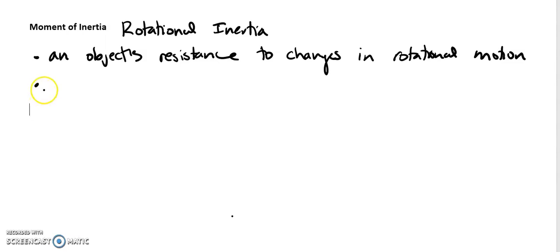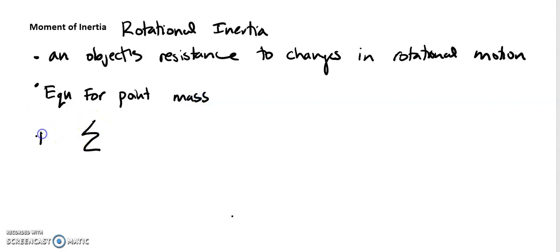So the equation we're going to look at now is the equation for point masses. A point mass is some little object in space. The symbol we use for moment of inertia is I, and the equation is going to be the sum of all the little masses that are some distance from a pivot point. So we'll say i from 1 to n, however many there are.